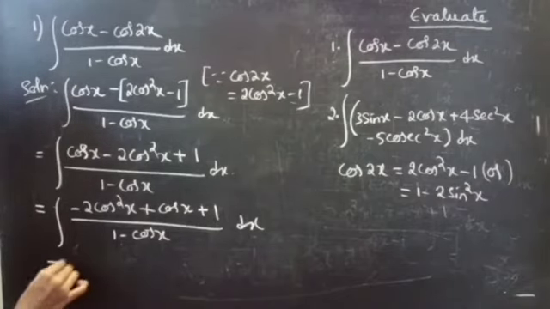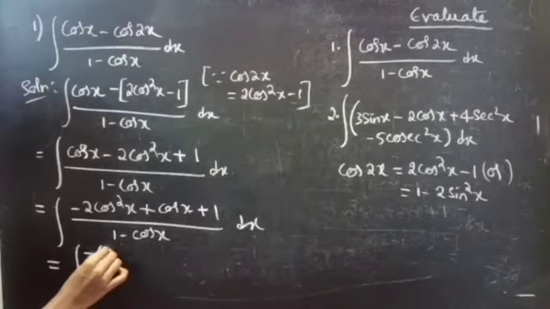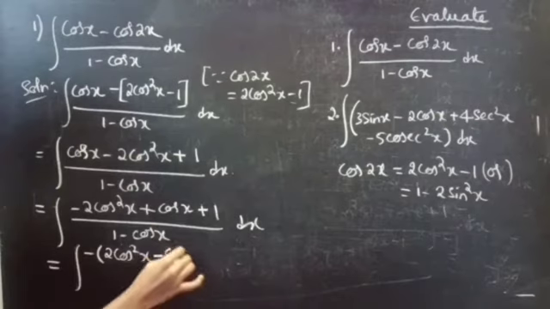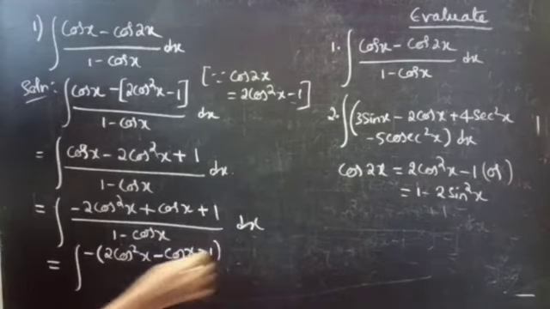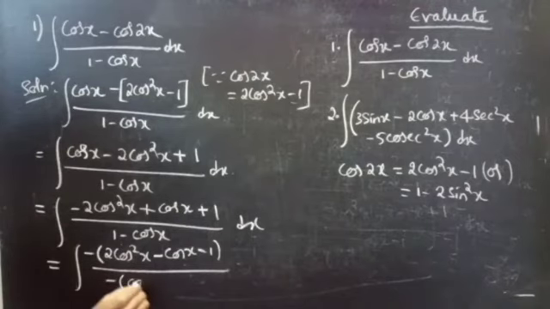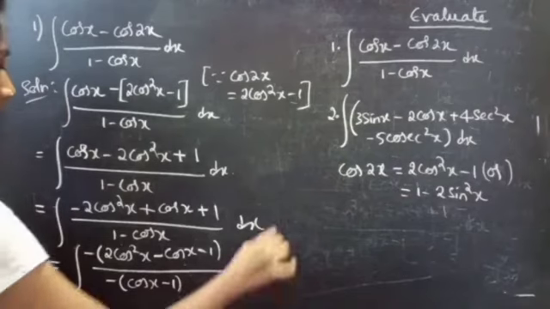See, I'll show you. If I take minus common, I'll get minus of (cos square x minus cos x minus 1) by minus of (cos x minus 1) into dx.